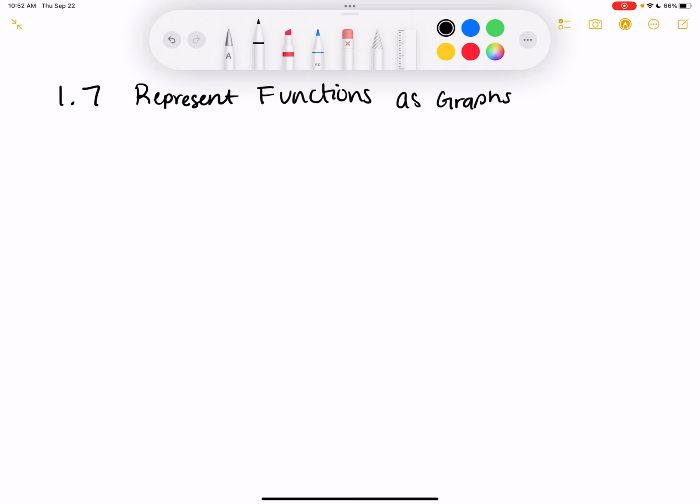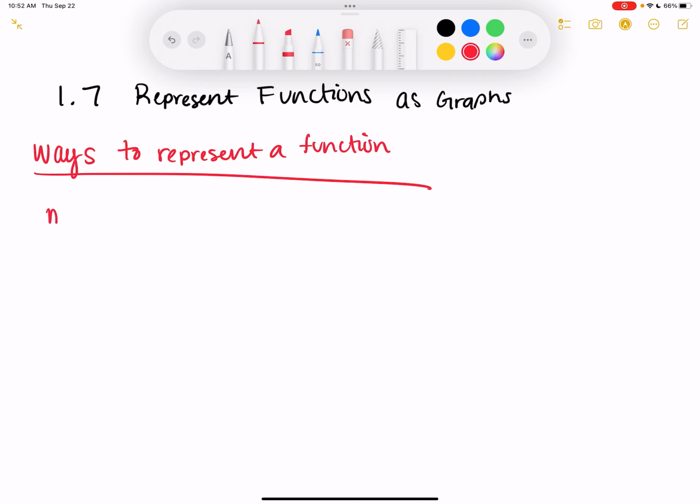So just to see it visually, ways to represent a function. So we can have our mapping diagram, which is what we saw yesterday. So I'm just going to give an example of what that would look like here.